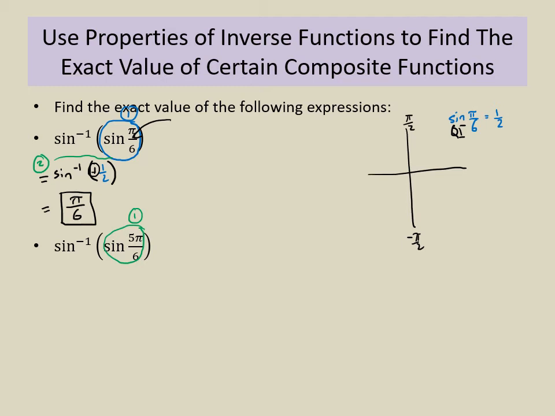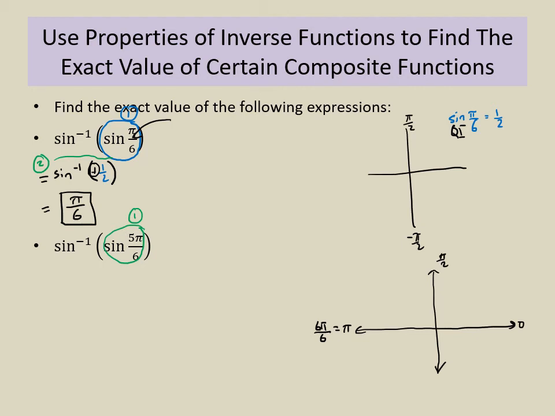Well, where is 5 pi over 6? Let's draw that angle. 0, pi over 2, pi. So if we're talking about a fraction of 6, pi, we can think about it as 6 pi over 6.